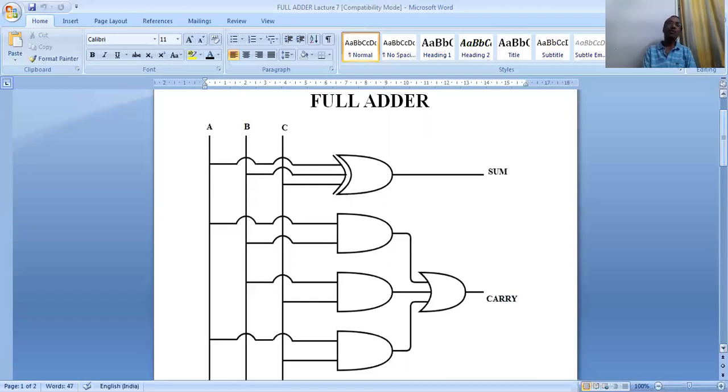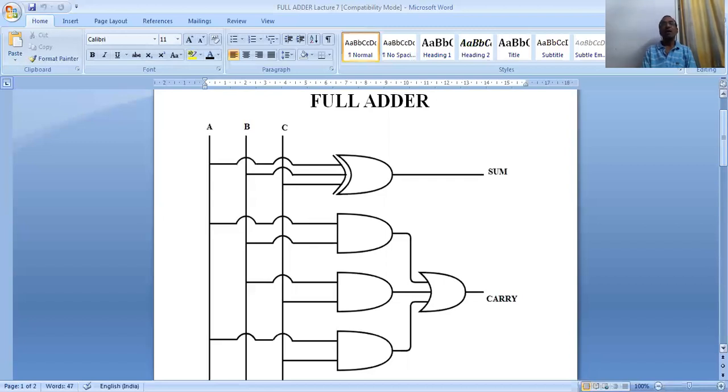Then we are going to see the working of the 3 AND gates. Their outputs are connected to which gate? To the OR gate. What is the OR gate's working? The OR gate is used for logic addition. Therefore, the output of the OR gate should be logic addition.